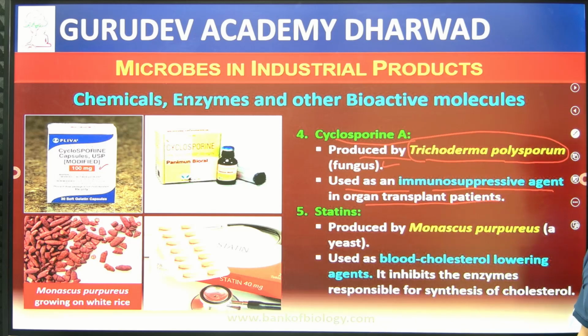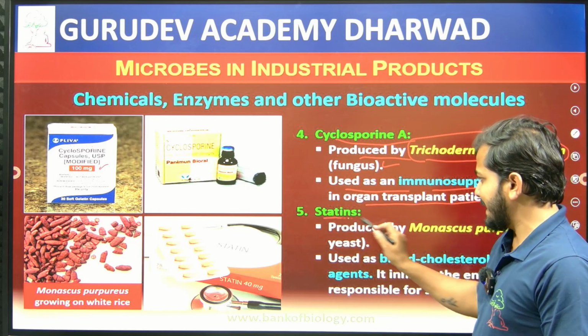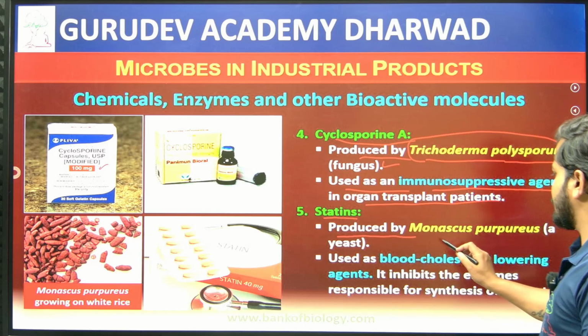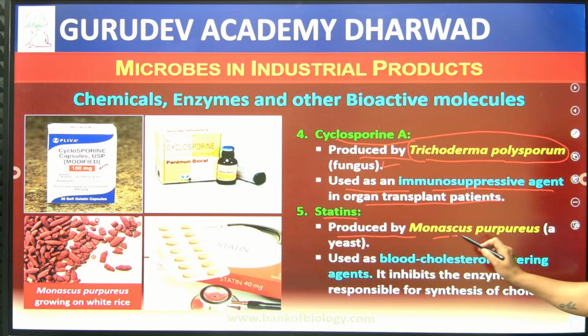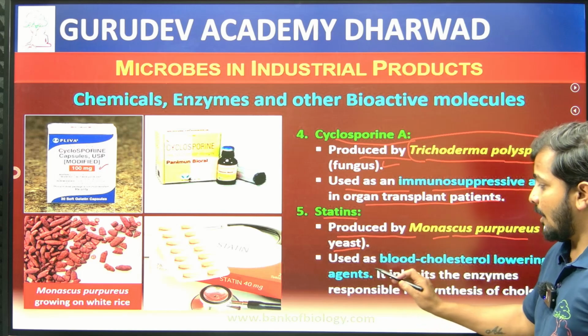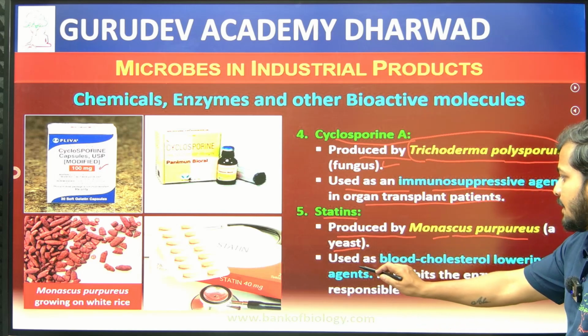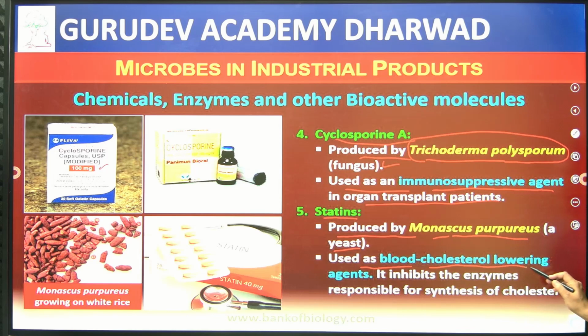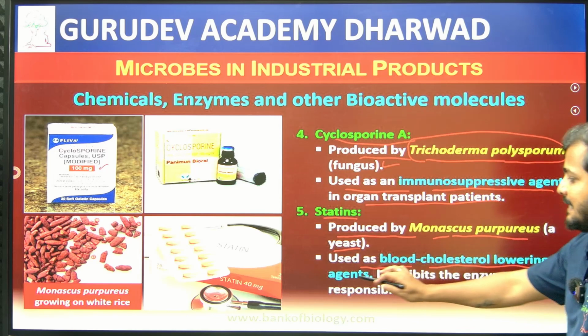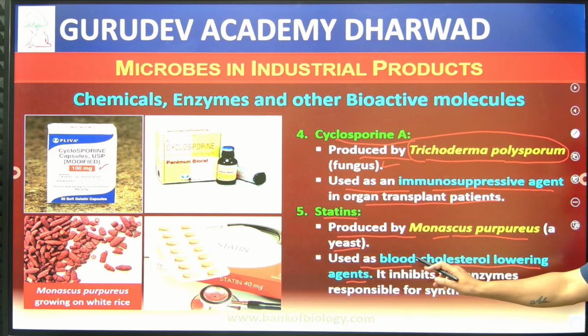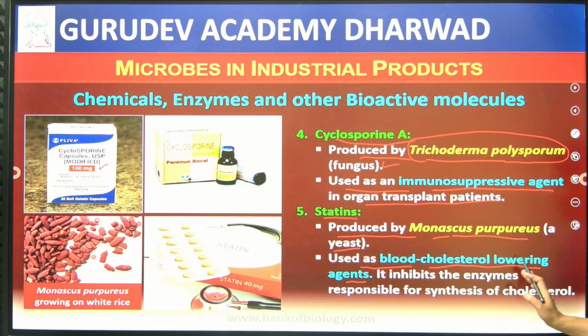Then consider statin, which is produced by Monascus purpureus, which is known to be a yeast, or particularly a fungus, used as a blood cholesterol lowering agent.